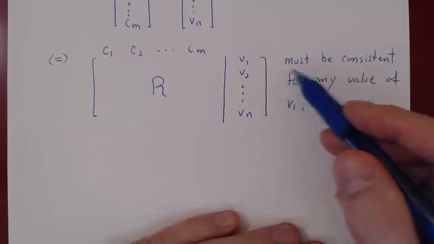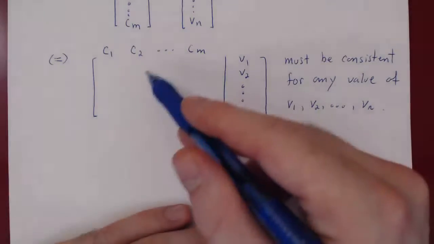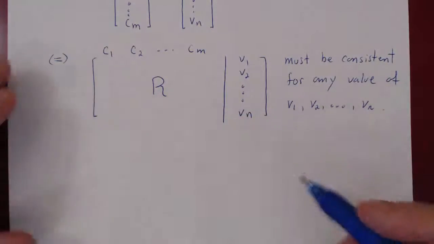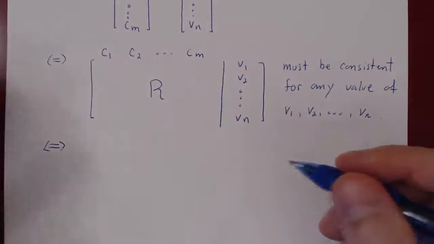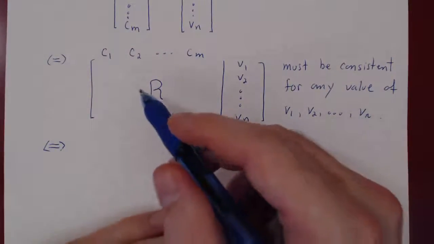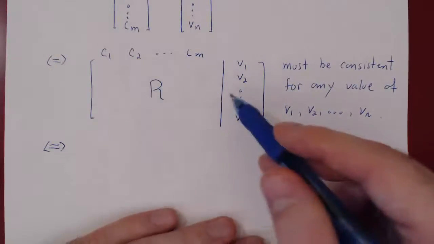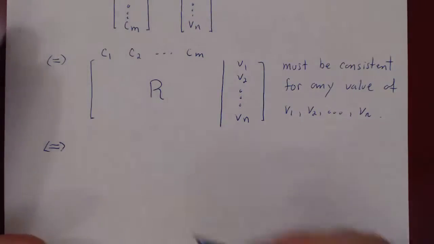But we have to have consistency for any value of Vn. Therefore, the reduced row echelon form of A cannot have a row of zeros. Well, what does that mean? If the reduced row echelon form of A cannot have a single row of zeros, it means that every row of R contains a leading 1.